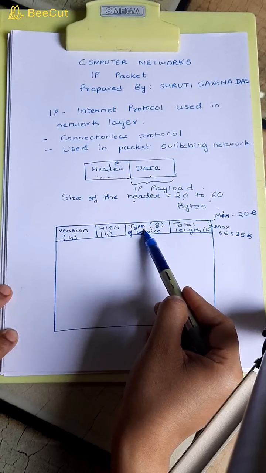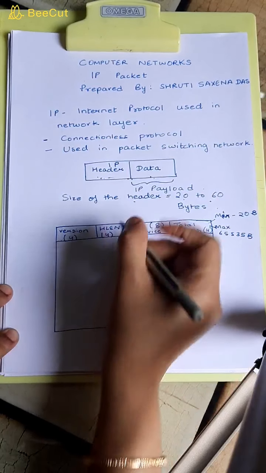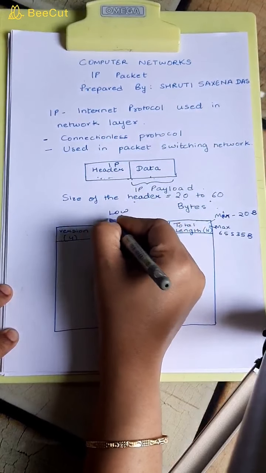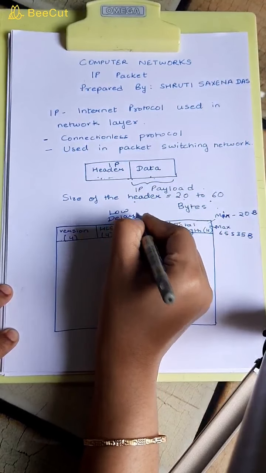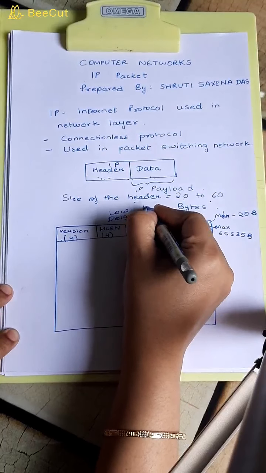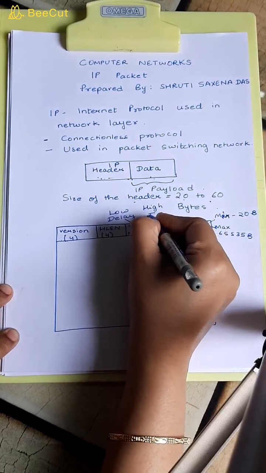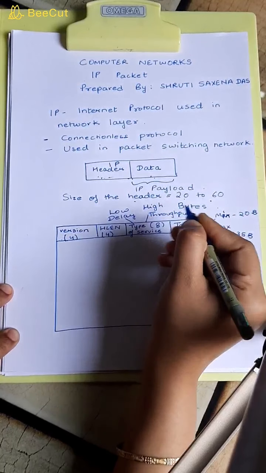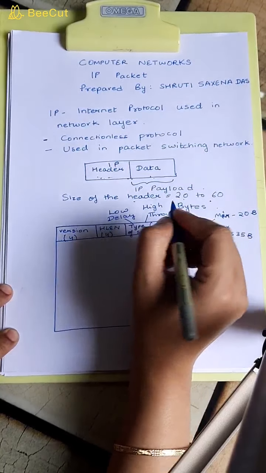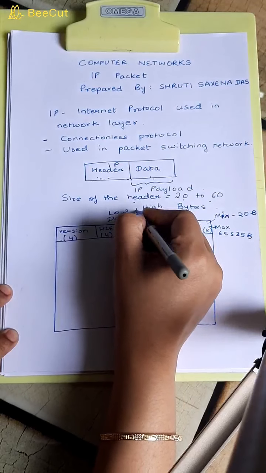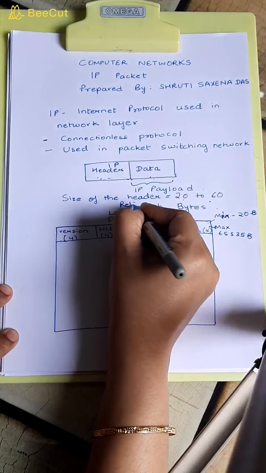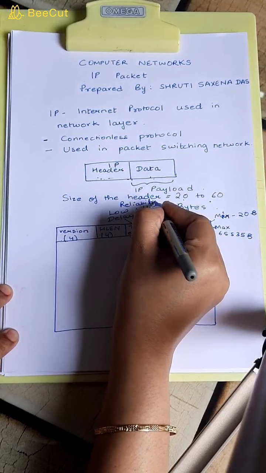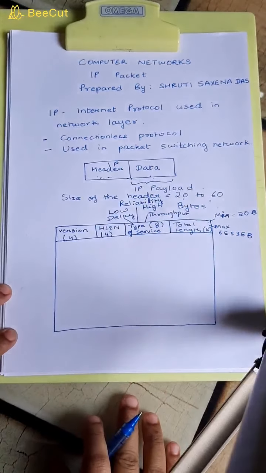Type of service means which type of service we are using: low delay, high throughput, or reliability. Any of these.